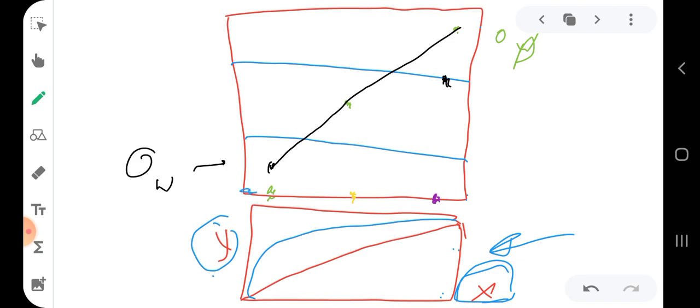So if the x-axis for the first graph is 0, 0.1, 0.2, 0.3 until 1, the second graph needs to be the same, 0, 0.1, 0.2 up to 1. So we are going to move vertically until we reach the 45-degree line. Then after we reach the 45-degree line, we know x now.